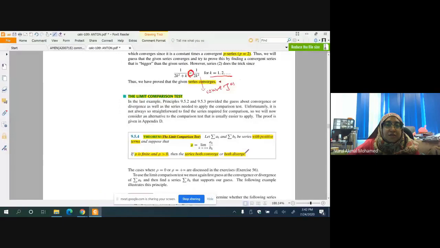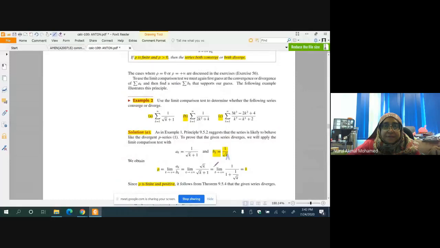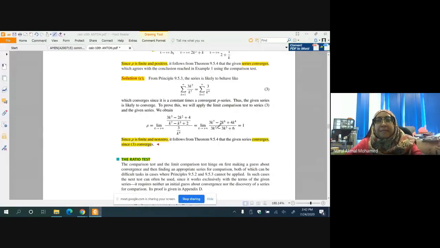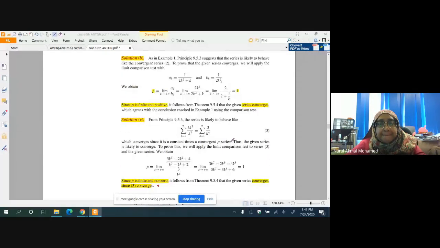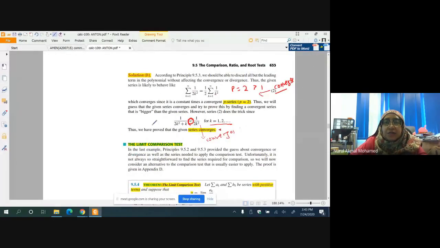So the smaller series here will also converge from theorem part A. But of course, you have to confirm the inequality sign and make sure this one is less than this one.